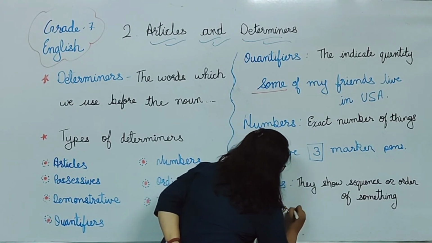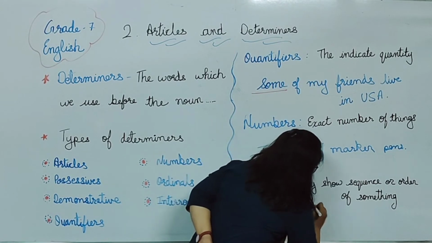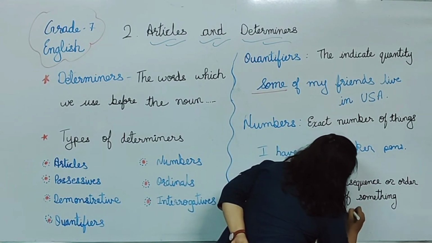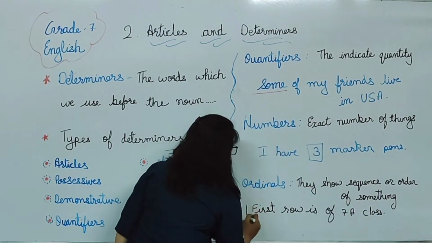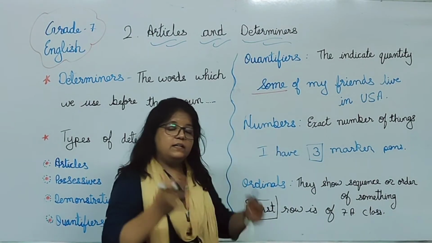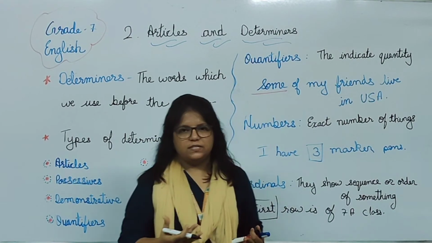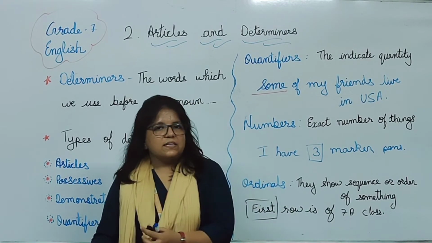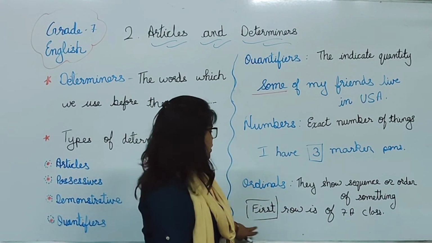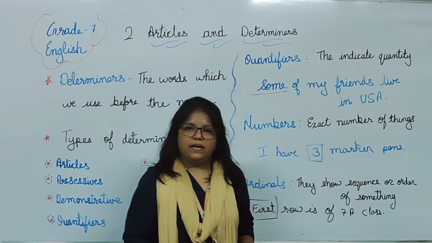First row is of 7A class. Like this we can say first row, means we are telling the order in which students are standing. First row, जो first row है वो किसकी है? 7th A class. First row is of 7th A class.